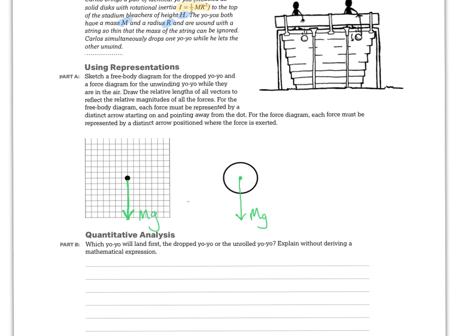So the weight of the yo-yos doesn't change. The only thing that's different is this yo-yo that's being unrolled by the string has this tension force upward. And it's not exactly clear in the setup, but they do intend that tension force to be less than the weight. So this yo-yo is also accelerating downward, just not as fast as the one in free fall.